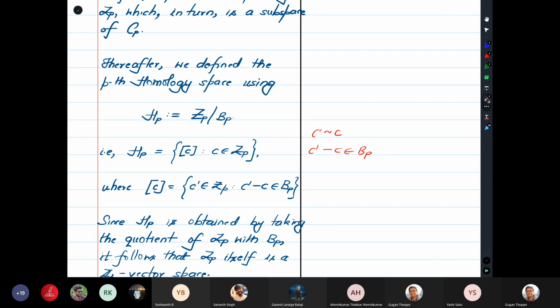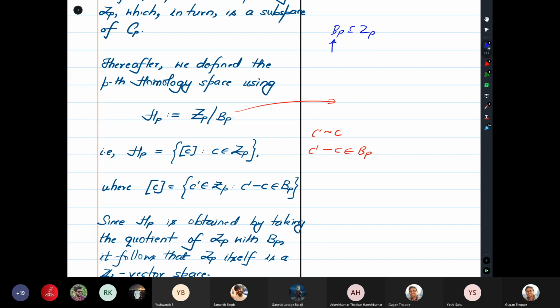Last time one of you asked me why this relation is used to define the equivalence relation. Well, the way to interpret this quotient operation is that we are trying to set every element in B_p to 0. We want to in some sense ignore the elements of B_p because, if you remember, these are the uninteresting p cycles. B_p is a subset of Z_p, so every element in B_p is also a p cycle.